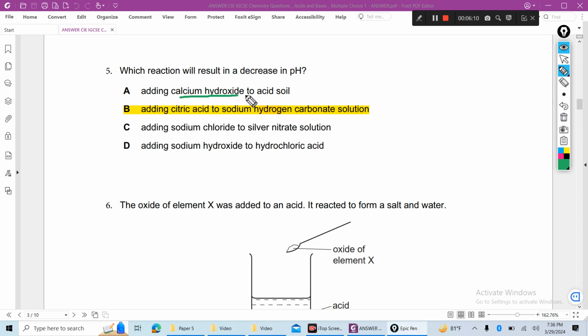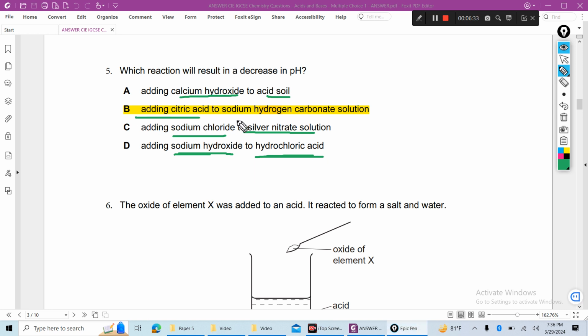Adding calcium hydroxide to soil, calcium hydroxide is alkali, pH will increase. Adding sodium chloride to silver nitrate, pH remains the same. Sodium hydroxide to hydrochloric acid, neutralization reaction.